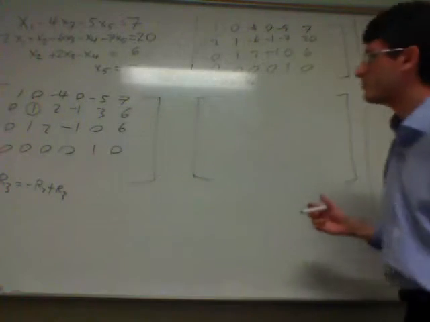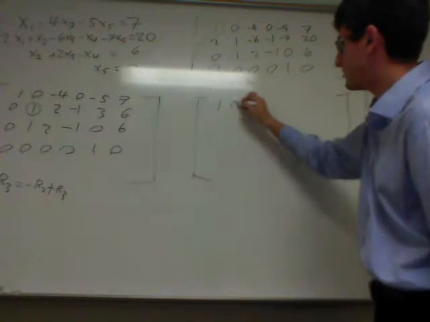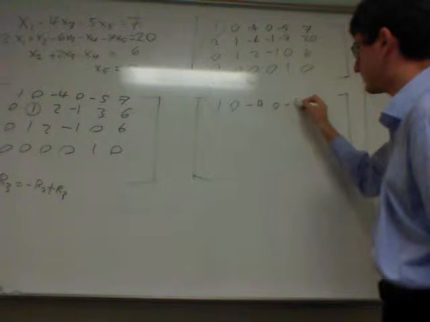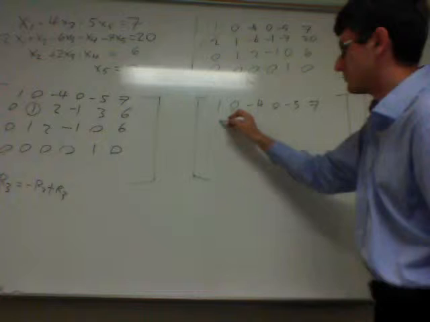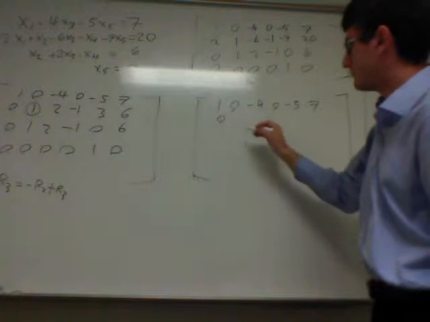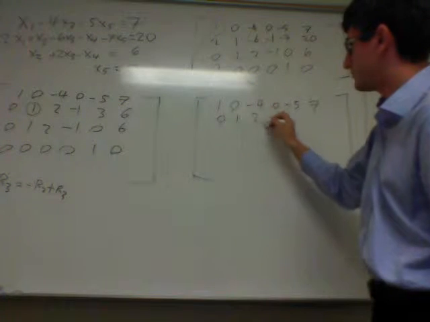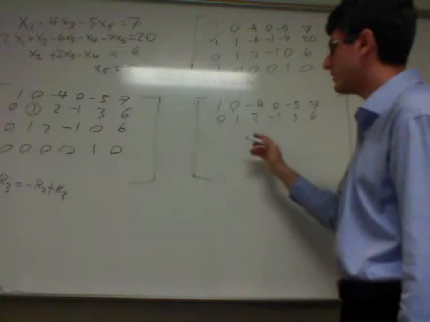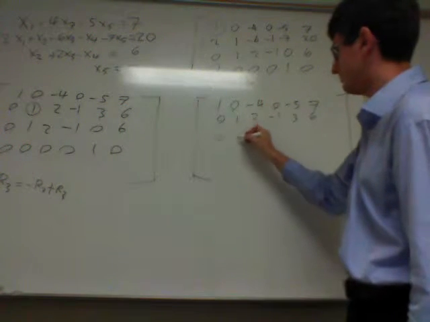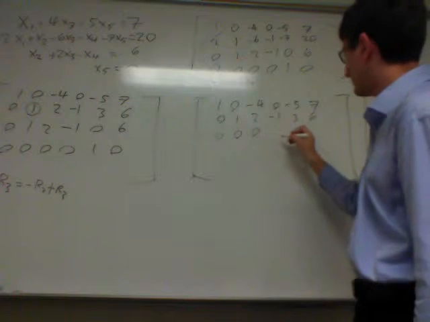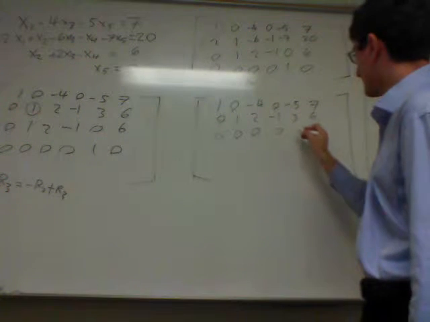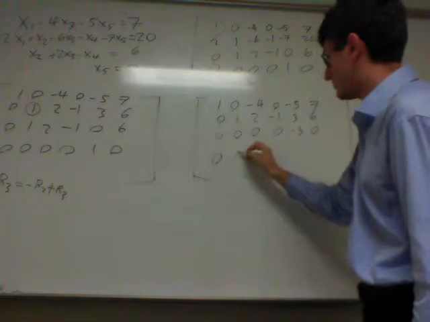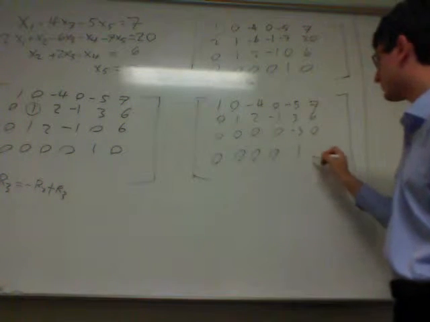So there, we will have our matrix as 1, 0, -4, 0, -5, 7. Second row, 0, 1, 2, -1, 3, 6. And the third row would be 0, 0, 0, 0, -3, 0, and the last row 0, 0, 0, 1, 0.